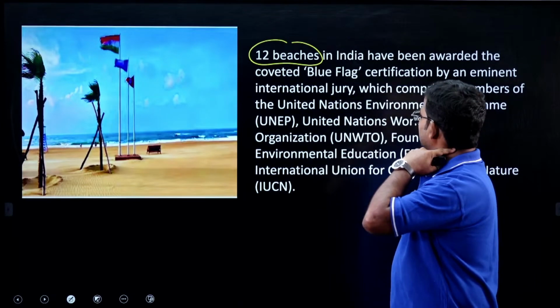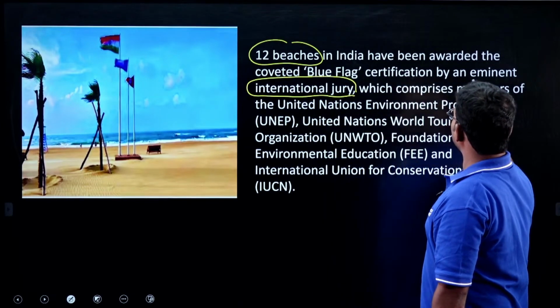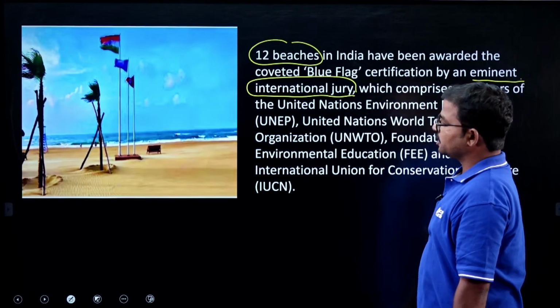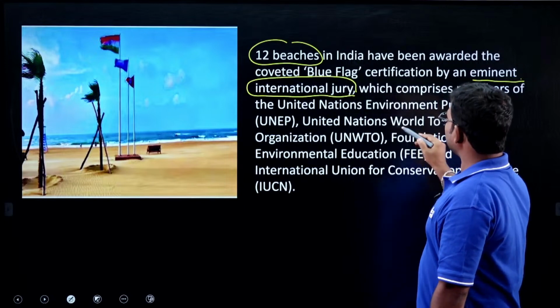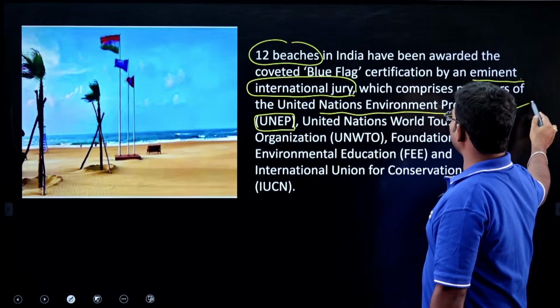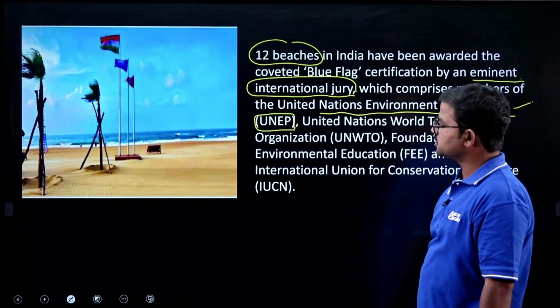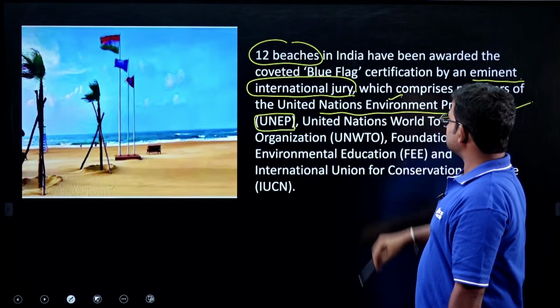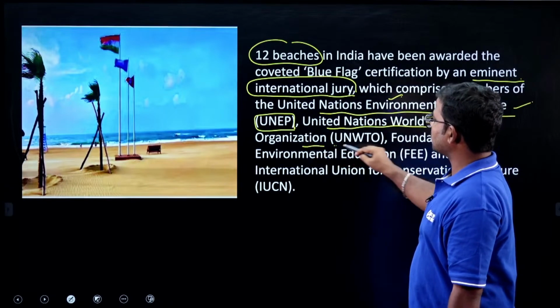It was certified by an eminent international jury. In that, we have some major bodies. One is UNEP, which stands for United Nations Environment Programme. You have to remember the abbreviation of this terminology. Next, the United Nations World Tourism Organization.